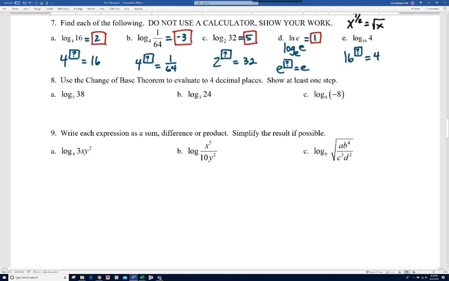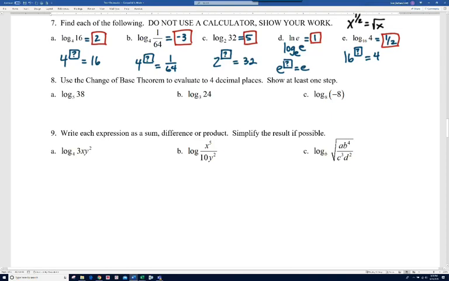Namely that if you have some base to the 1/2 power, so x to the 1/2 power, for example, that's equal to the square root of x. And so 16 to the 1/2 power would be the square root of 16, which does equal 4. So the answer here is a half. 16 to the 1/2 power is equal to 4.